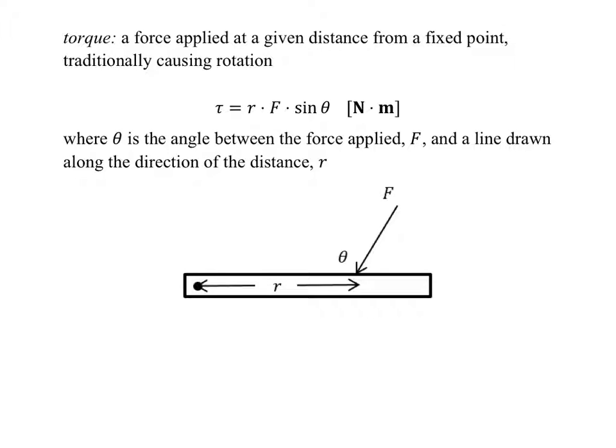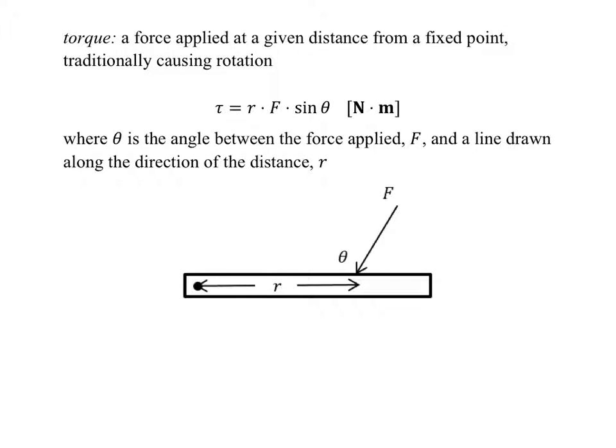Sine of 0 degrees is also 0, by the way. So if I apply force in this direction, instead of the force being pushed in, let's say I pull outward. Okay, let's do it one more time. Here's the door. I take the door and I pull outward, and I pull and I pull. Is it moving? No. Because I'm pulling this way, the R value is this way, which makes the angle now 0 degrees.